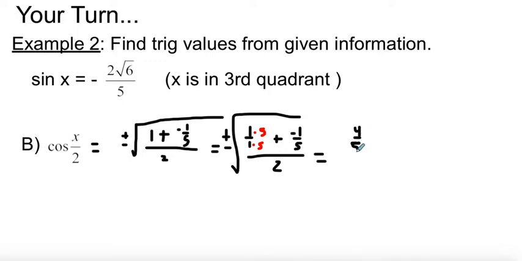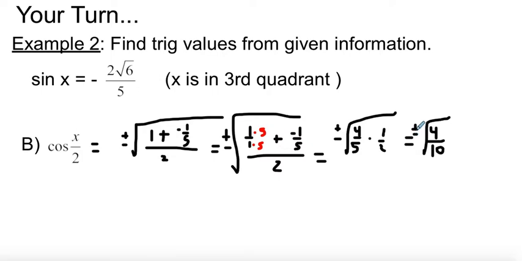Instead of dividing by 2, I can multiply by the reciprocal. The reciprocal of 2 is 1/2. Multiply my numerators, multiply my denominators, I get 4/10. And then that definitely can be simplified.